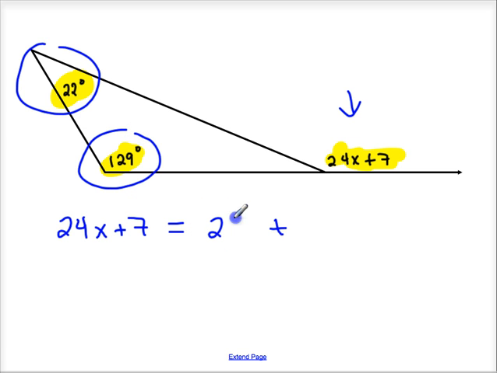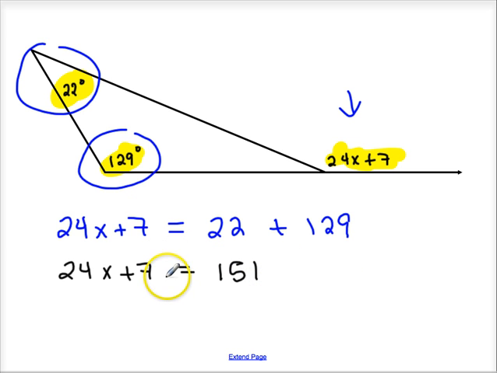So the sum of 22 and 129. And now simplify. 24x plus 7 equals 22 plus 129, and I get an answer of 151.